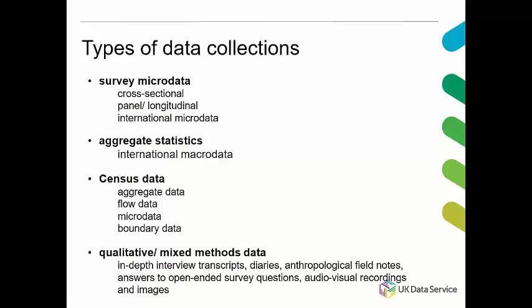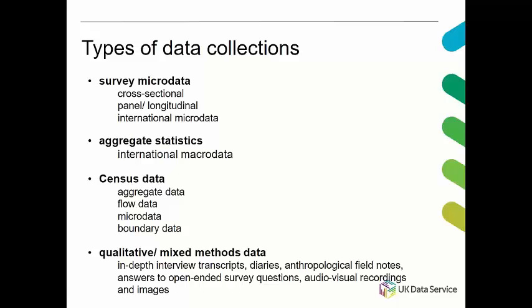The types of data collections we hold, and here I just want to briefly give an overview. I know we are focusing today on longitudinal data, but just to give you a first flavor of what we hold. So we hold survey microdata, and here cross-sectional data, then panel longitudinal data, which is the topic of today, international microdata, and the second group is aggregate statistics, international macrodata.